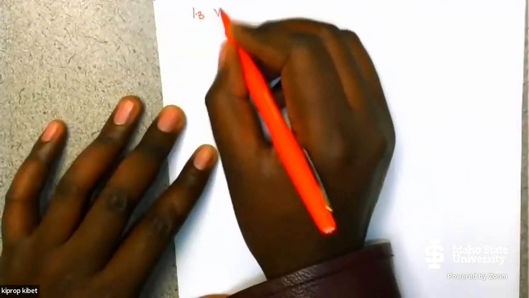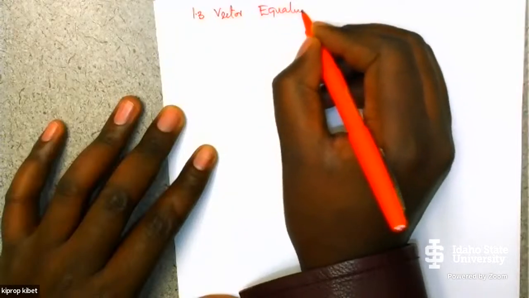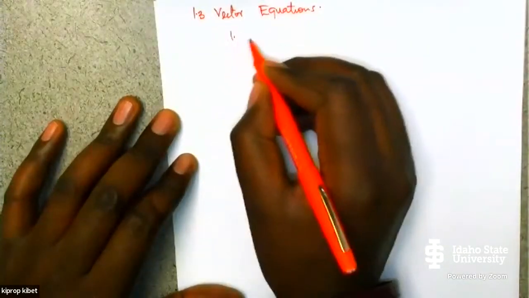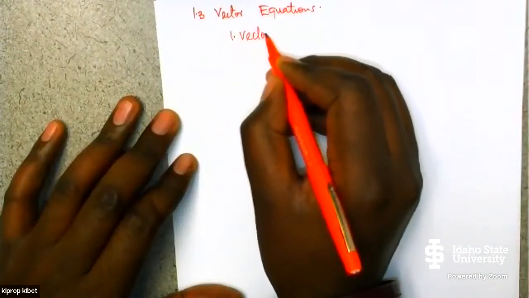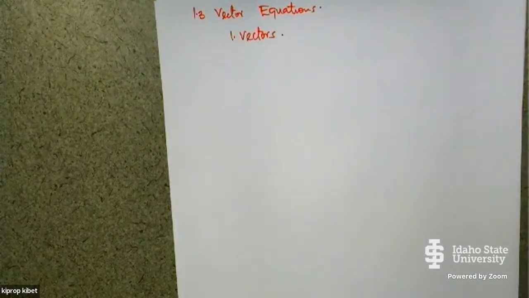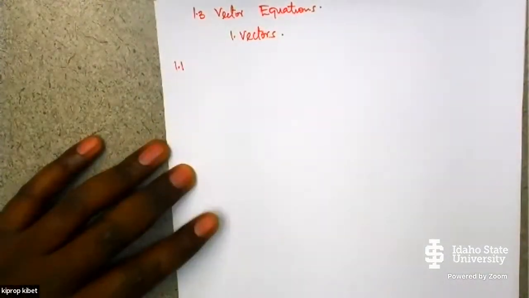This one is the vector equations. Number one is the vectors. So let's look at definition 1.1.